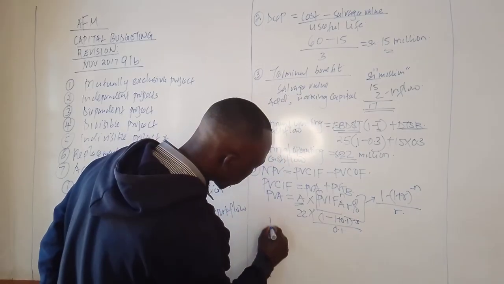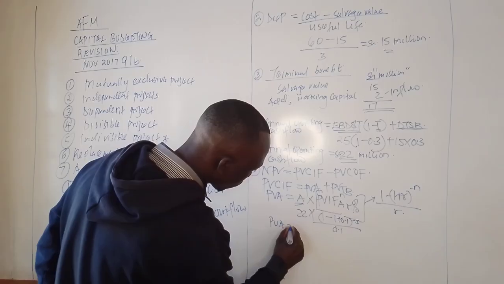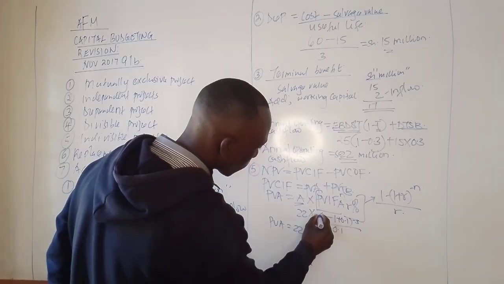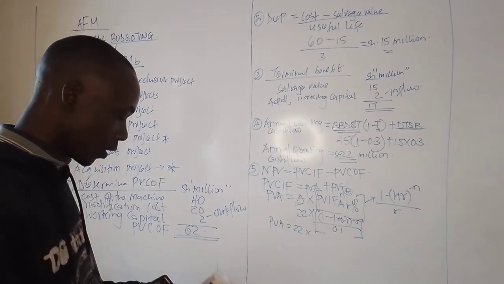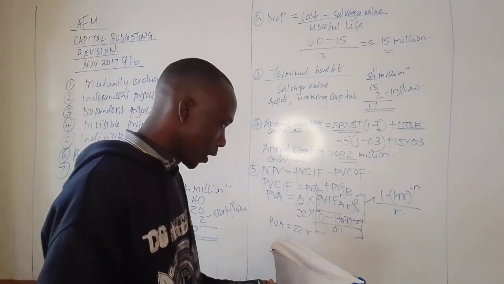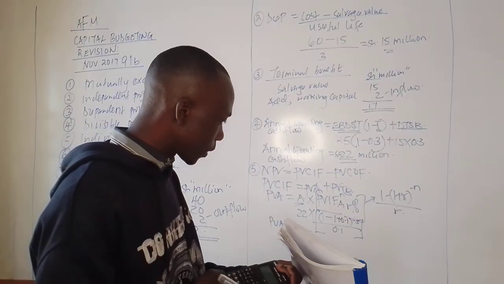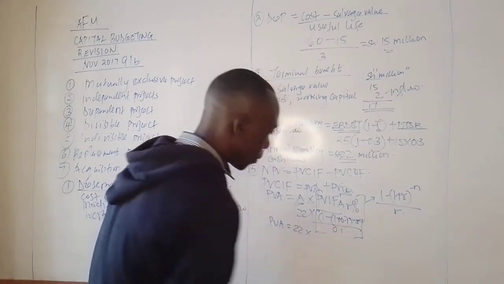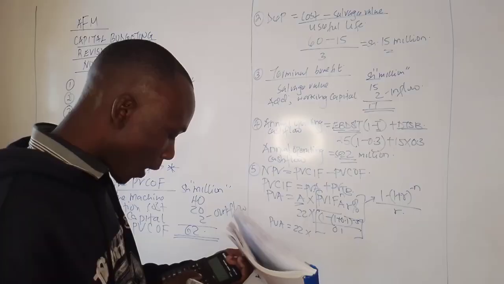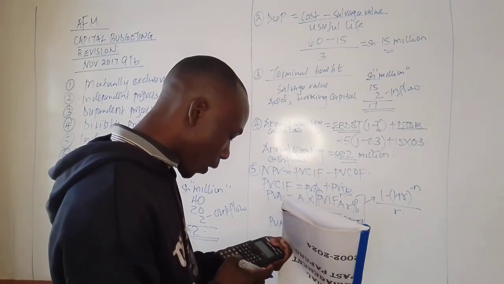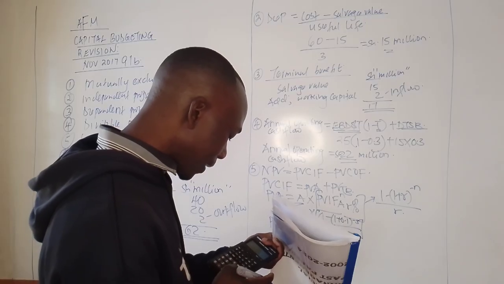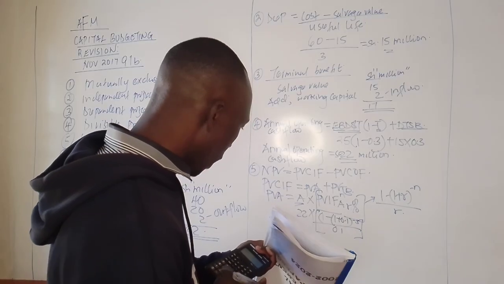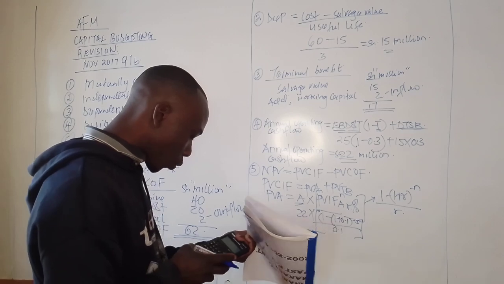So our present value of annuity will be 22 times this factor, to 4 decimal places. Remember here we have the bracket, 1.1 raised to negative 3. Then 1 minus the answer. Then you divide by 0.1.